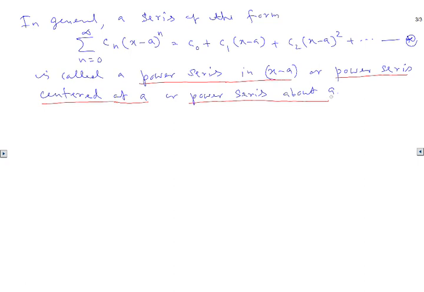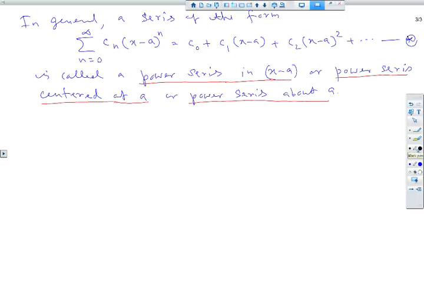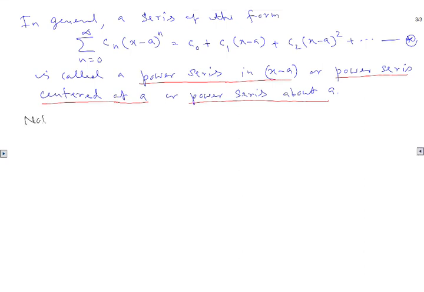Anything works. So let's look at a small case. Let's put x equal a in there. If you put x equal a, what will happen to the series? If x equals a, you can see that except for the first term, all the other terms become 0.